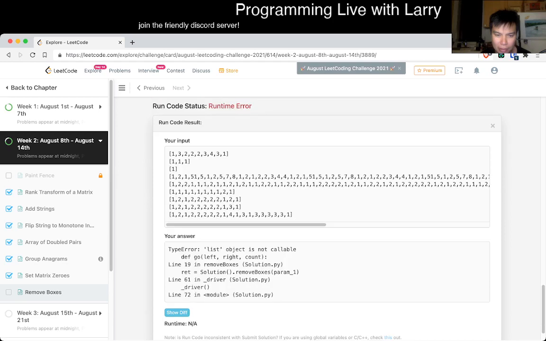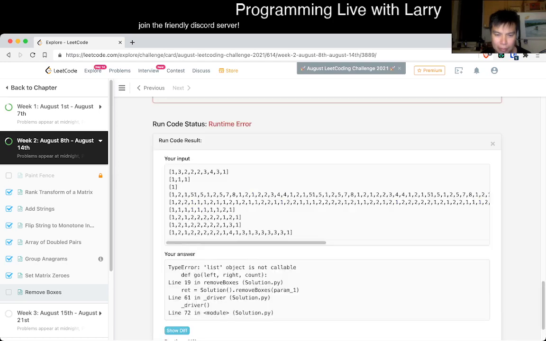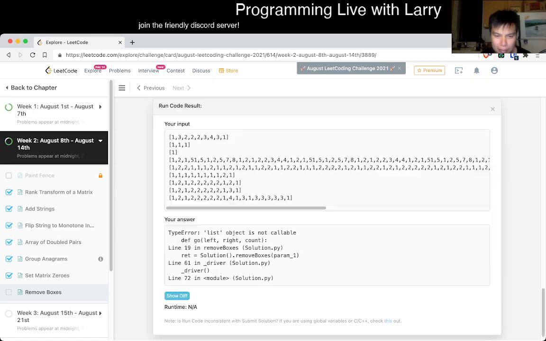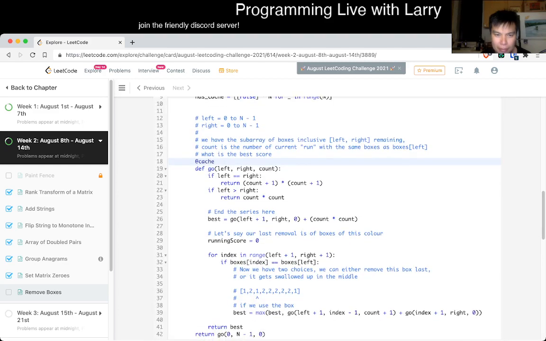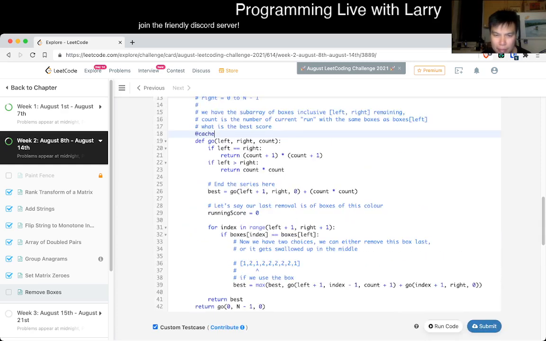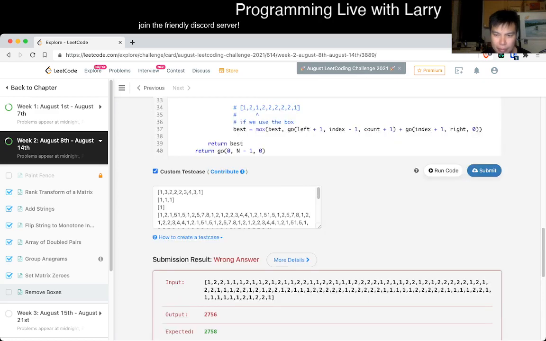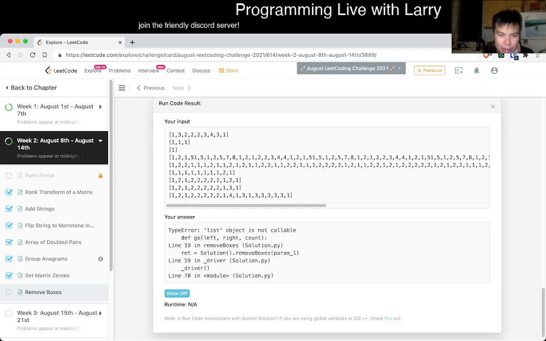This object not callable. List object not callable.